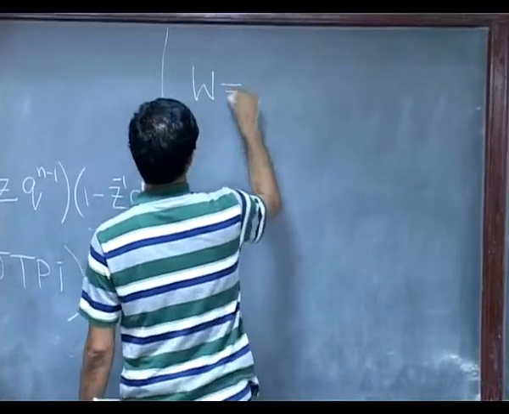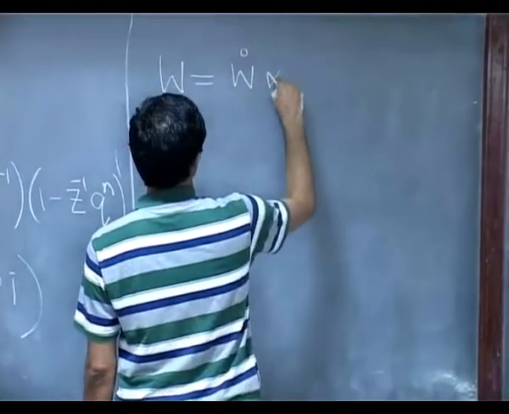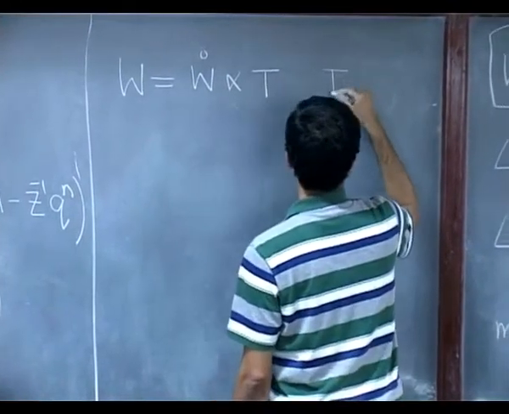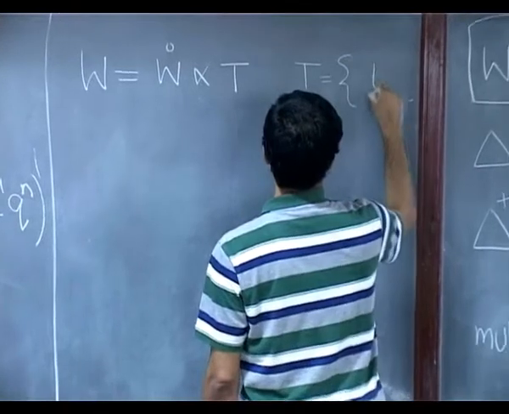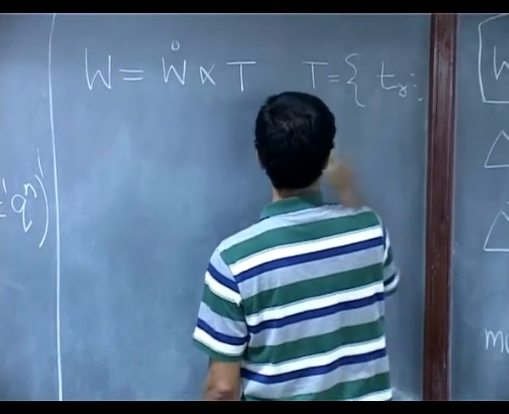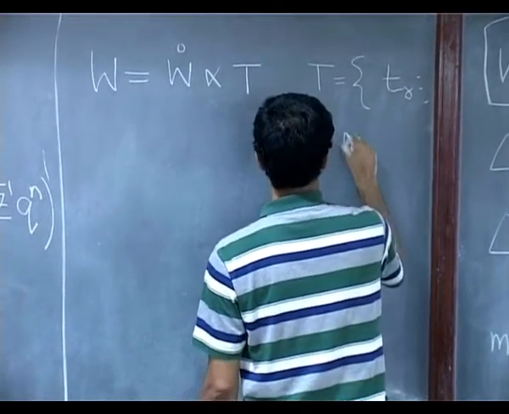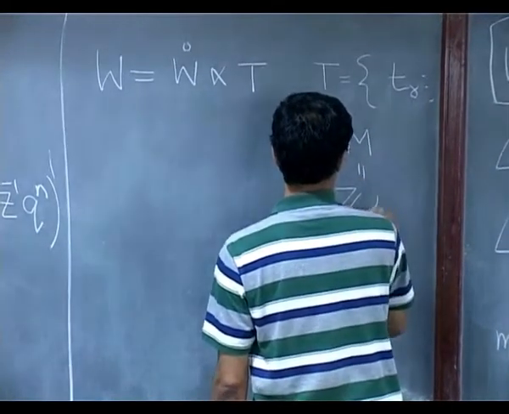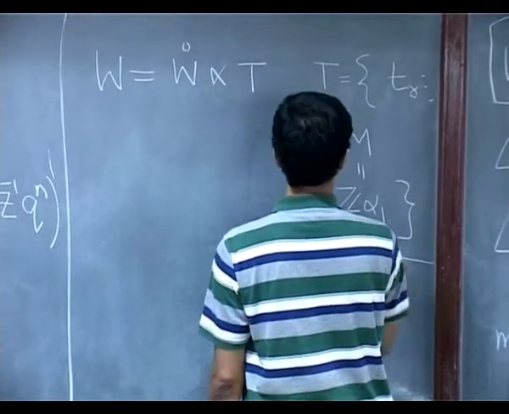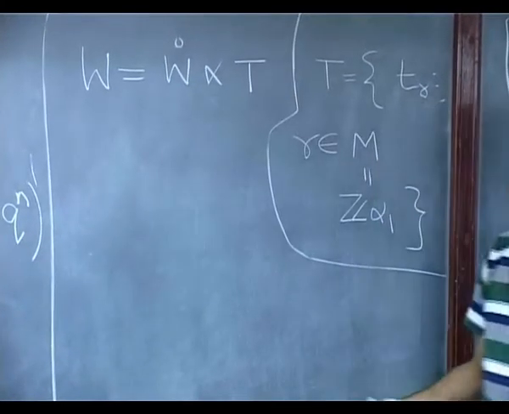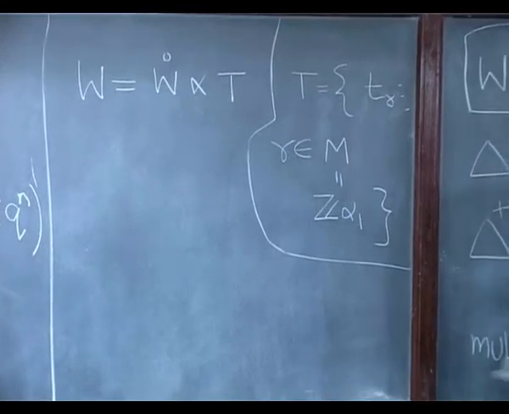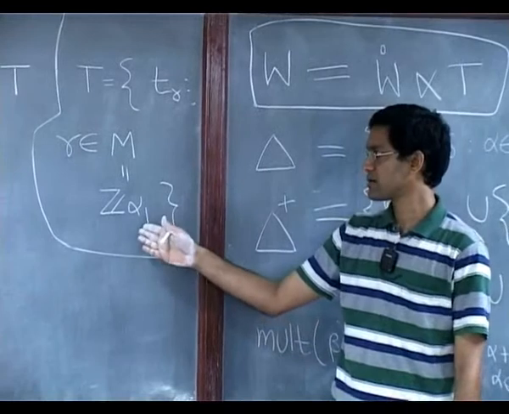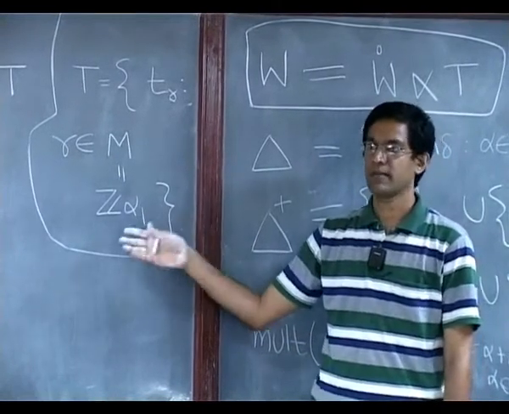So the Weyl group, remember, is W naught semi-direct product T. How was T defined? It consisted of all elements of the form t gamma, where gamma was an element of M, which was nothing but the long root lattice. But in this case, alpha 1 and minus alpha 1 are the only roots, and the long root lattice is the same as the usual root lattice, all integer multiples of alpha 1.